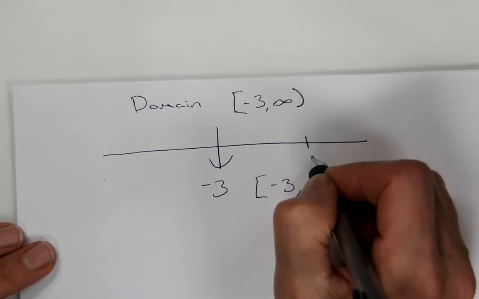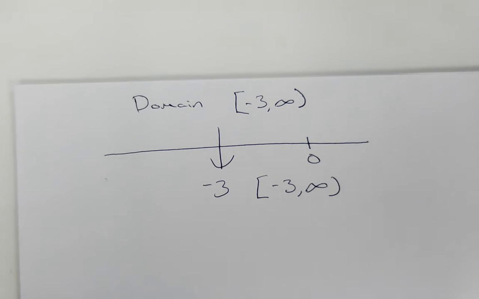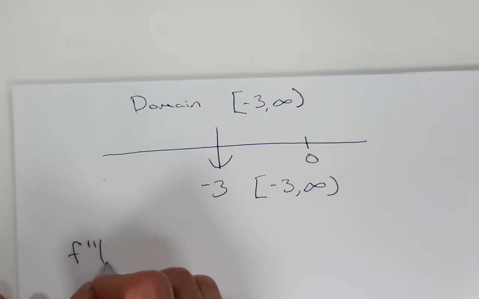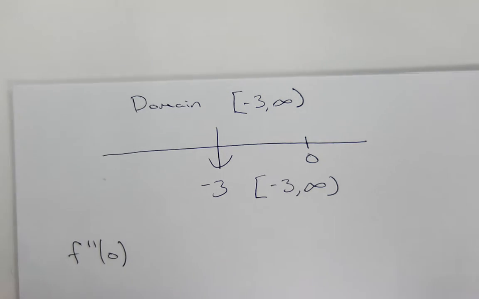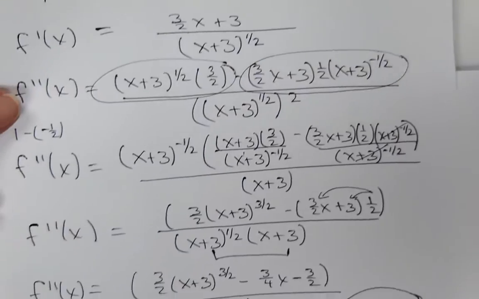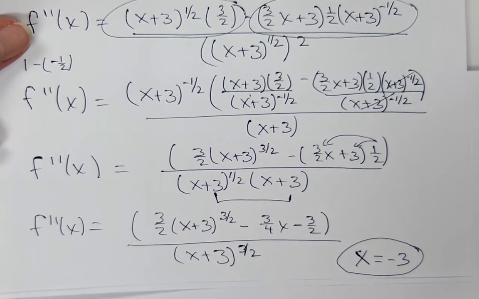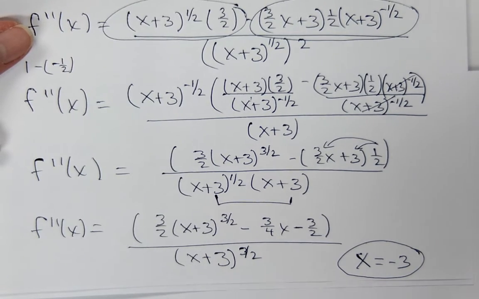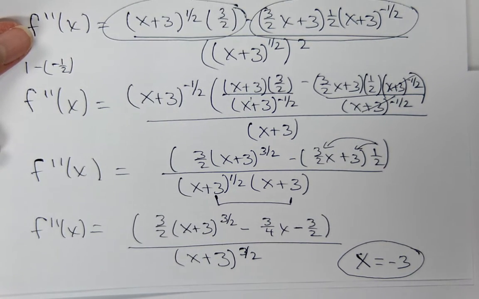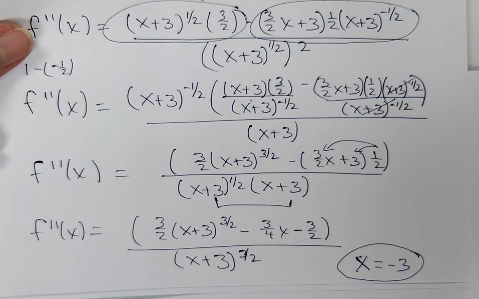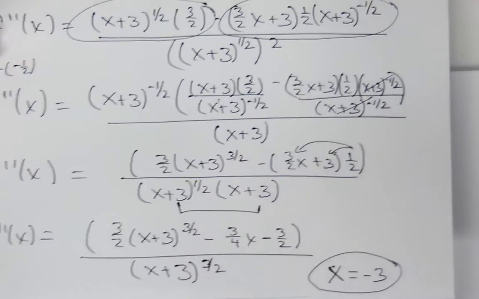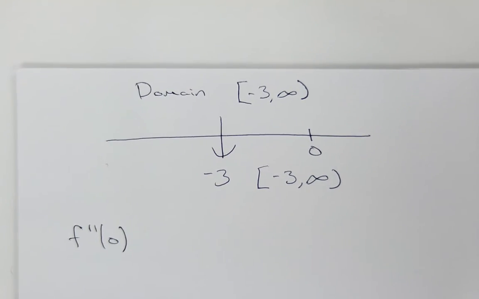And so I would suggest using 0 because 0 makes beautiful things happen. So if you evaluate f double prime at 0, even though this is really quite a mess, all kinds of stuff is going to be gone. And you can do it on your calculator. And the only thing that you care about is if it's positive or negative. If it's positive, then that whole interval is concave up. If it's negative, then the whole interval is concave down. Okay, so I hope that helps. I'll let you take it from there.